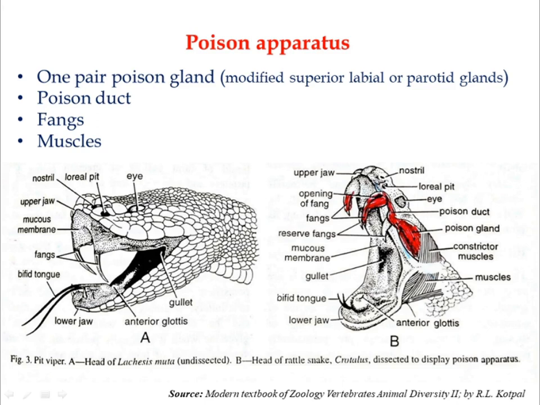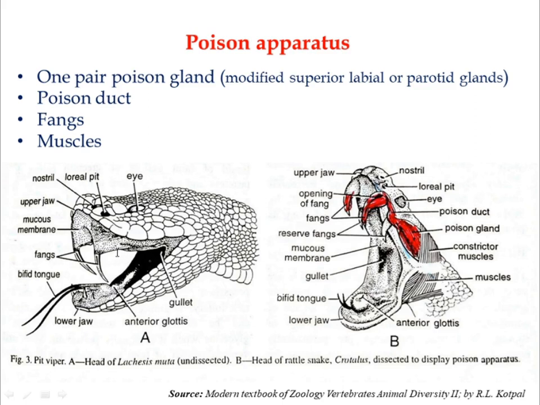Second type of fang is proteroglyphous. Protero means first and again the word glyph means hollow. All the fangs are hollow since they have to inject the venom. Proteroglyphous fangs are characteristics of cobras, kraits, coral snakes as well as sea snakes.